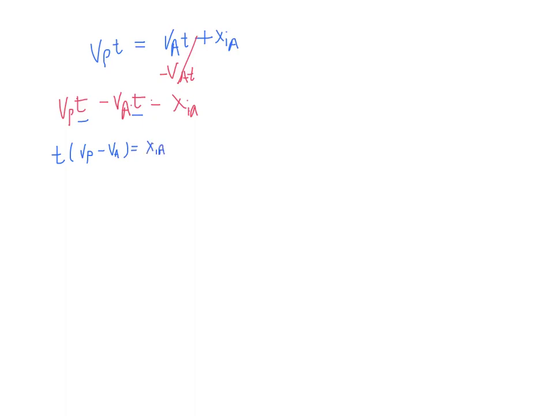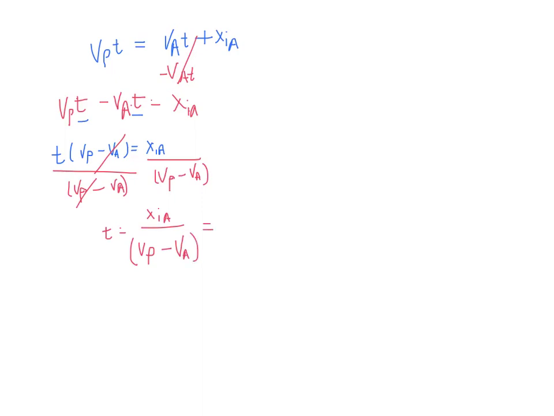And again, try to get it by itself, so divide both sides. So t is equal to the initial position of Allie divided by the velocity of Penny minus the velocity of Allie.